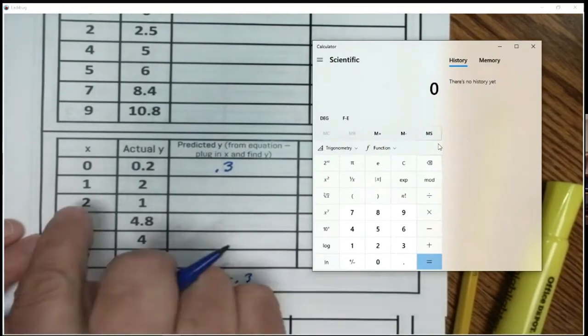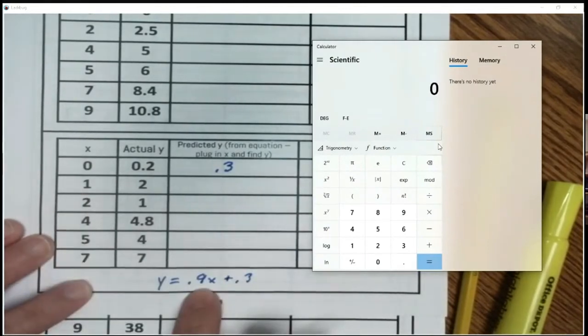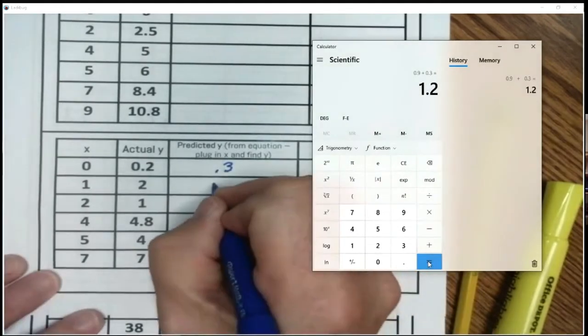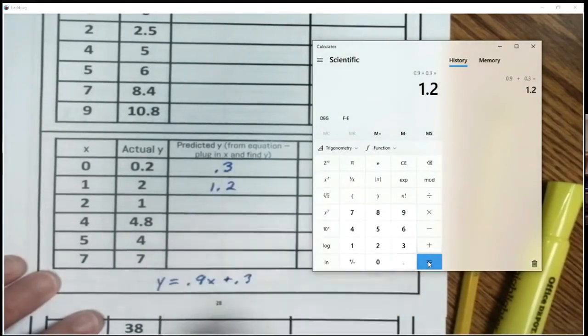All right. How about when x is 1? 1 times 0.9 would just be 0.9, so 0.9 plus 0.3. We would expect it to be 1.2.